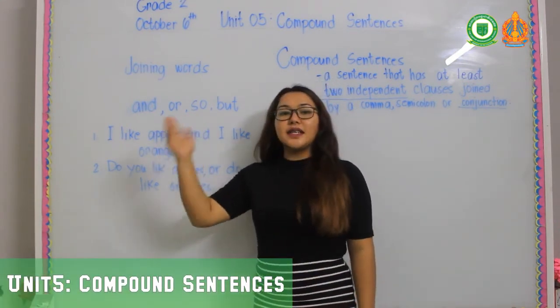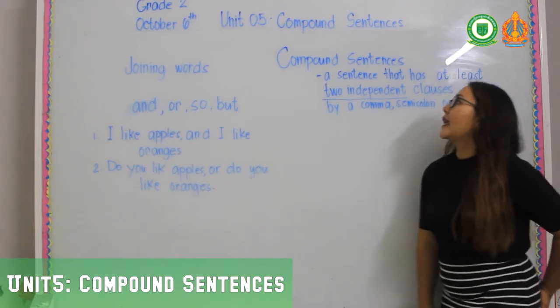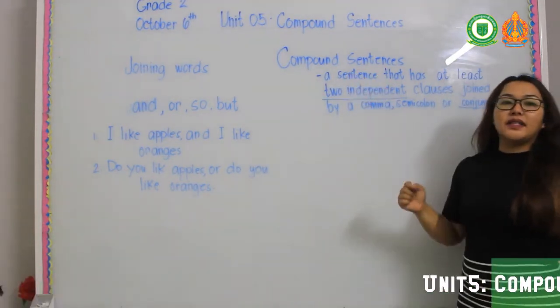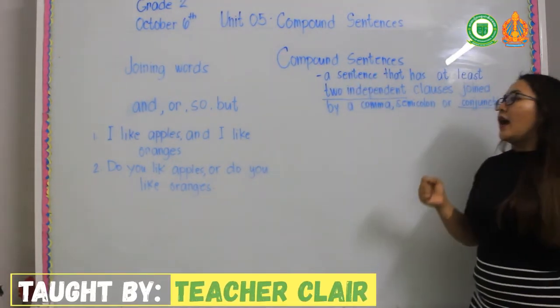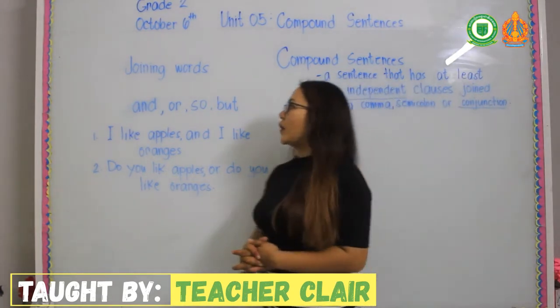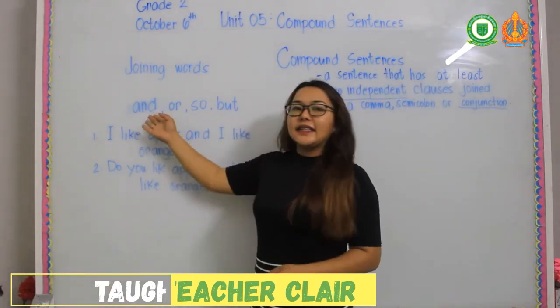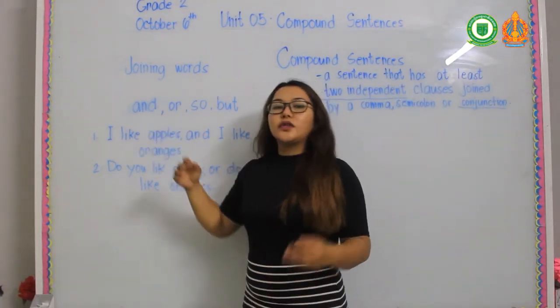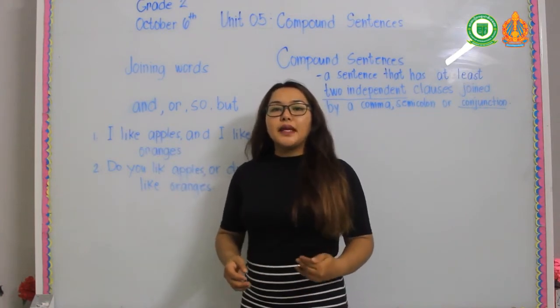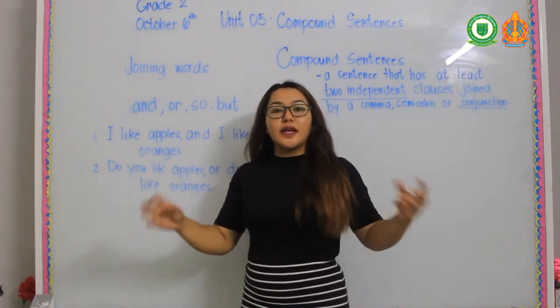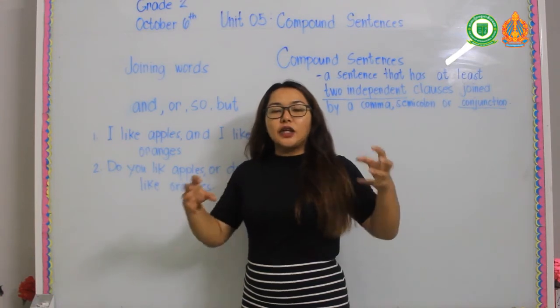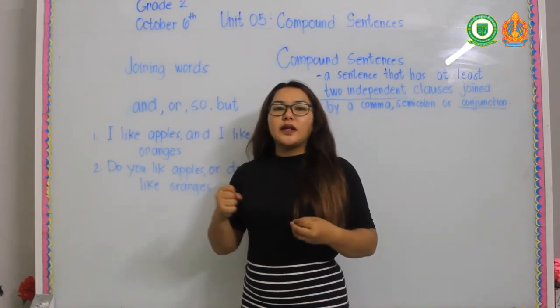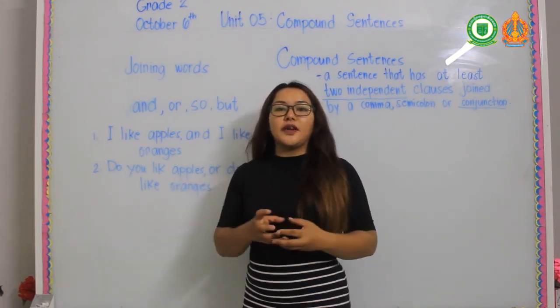We normally use these joining words in writing a compound sentence. First we have the conjunction and, or a joining word and. Joining, meaning it will join two things together. So it's like a glue which will stick two things together.